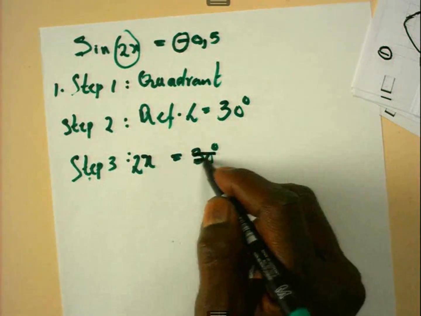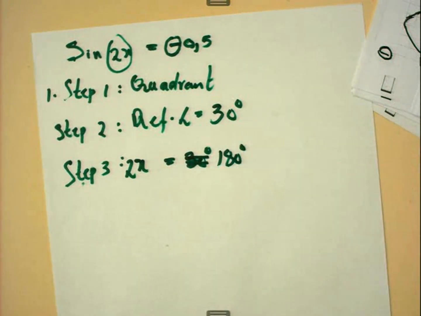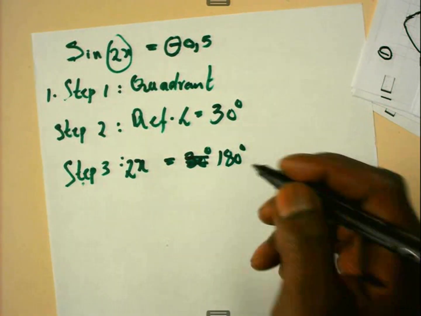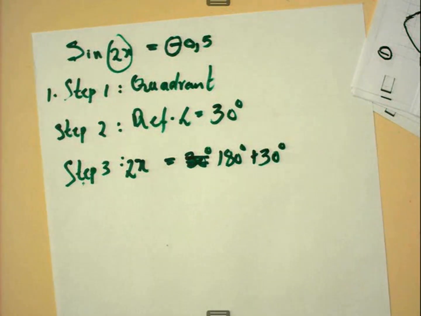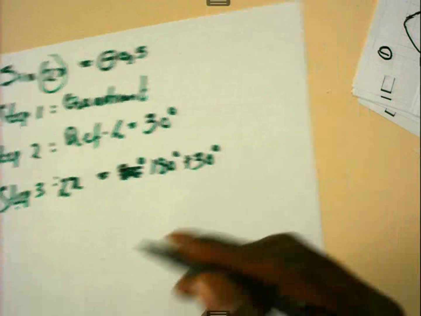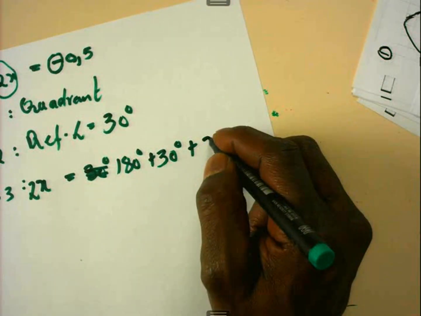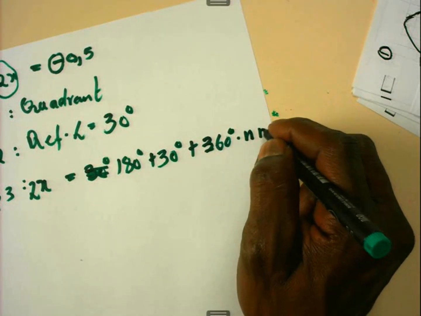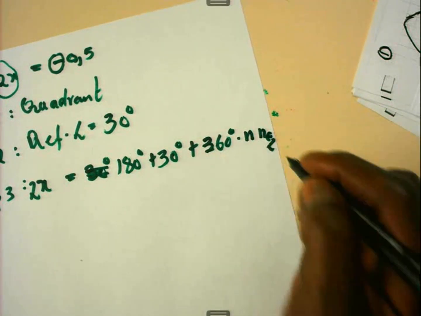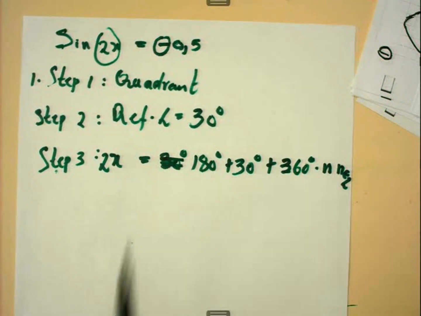That is not 30 degrees, my mistake. That is 180 degrees. I'm writing not what I'm saying. 180 degrees plus 30 degrees. Now that we are there, we can rotate, and that will be plus 360 degrees times n, n being an element of integers. I'll just squeeze it in there because I made a mistake there.